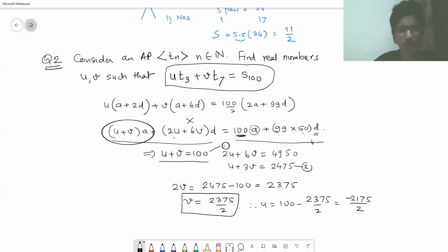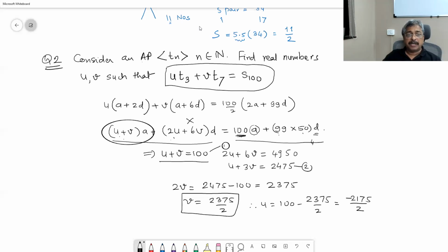Sir, but why does 100 have to be equal? For example, D can be slightly bigger and A can be the coefficient of D compared to the coefficient of D in the RHS and the LHS. They can be a mismatch and they can still be equal, right? How can they be mismatched? This is an arithmetic progression. The moment I say Tn is an arithmetic progression, A is the first term and D is the common difference.